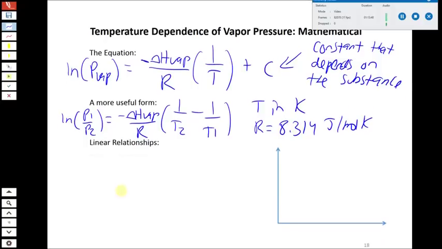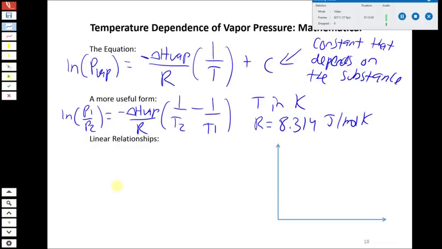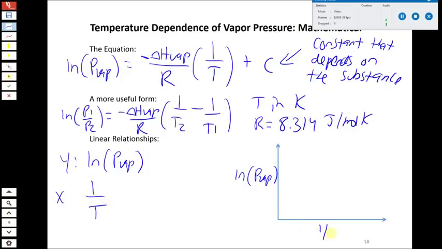There is a linear relationship, which is kind of where this equation comes from and why it's also useful. If we plot on the y-axis the natural log of the vapor pressure, and on the x-axis we plot 1 over the temperature, we see from this equation that y is equal to a negative constant times x.